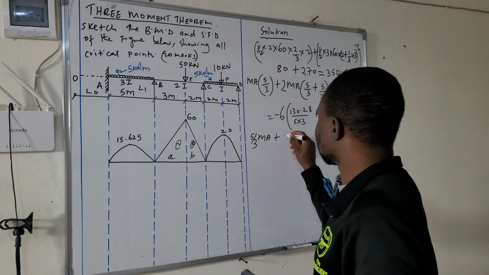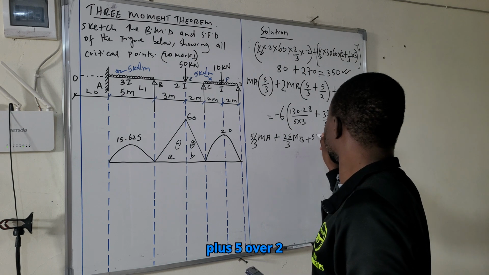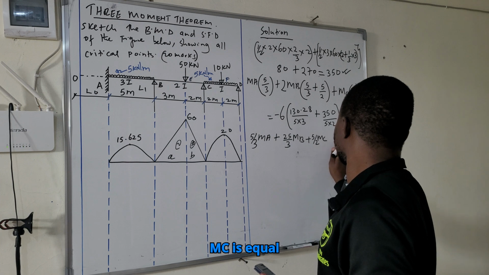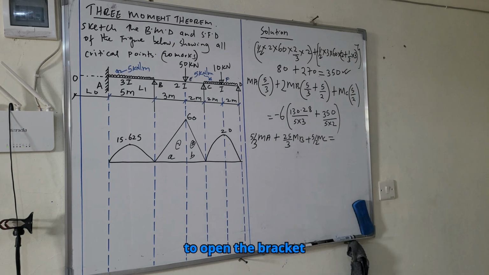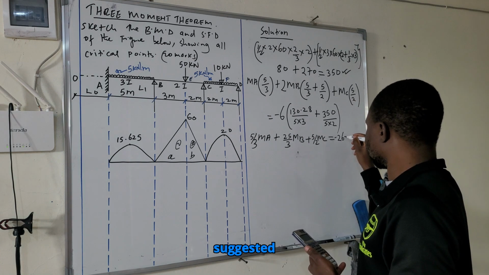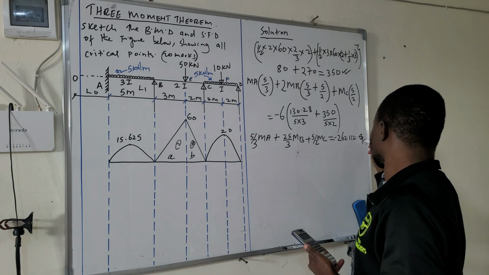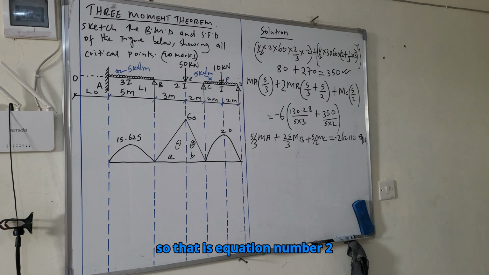So that is 25 over 3 MB plus 5 over 2 MC is equal to, open the bracket again, 130.28 over 15 plus 350 over 10 times negative 6. So that is negative 262.112. So this is equation 2. So that is equation number 2.